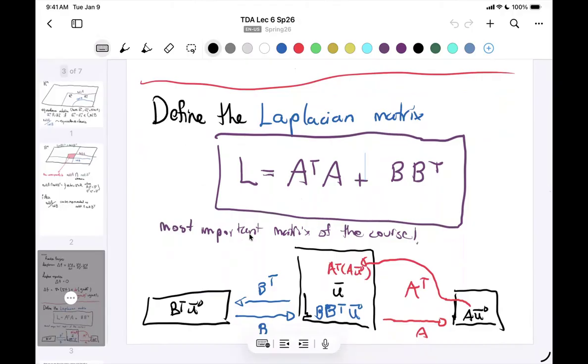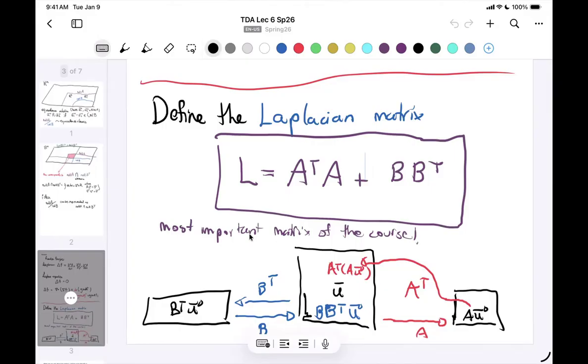If you start with a vector in Rn, the middle vector space of the three we had, then with the two matrices A and B you can go from Rn to Rn in two different ways, and you add up the two possibilities. That is what we're calling the Laplace matrix.